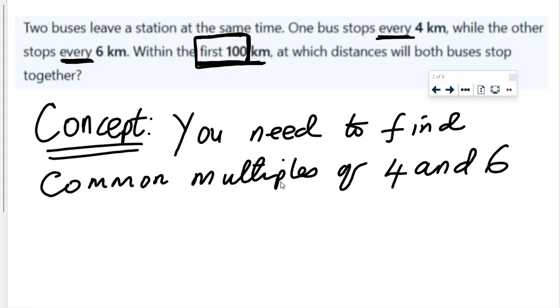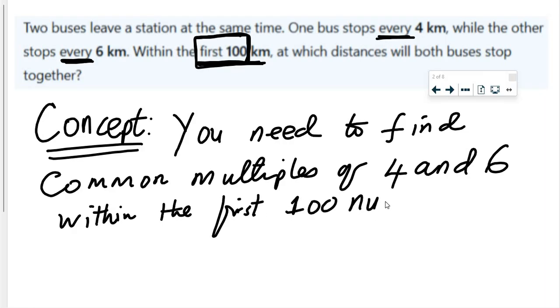So you need to find common multiples of 4 and 6 within the first 100 numbers. This is the concept of this question.